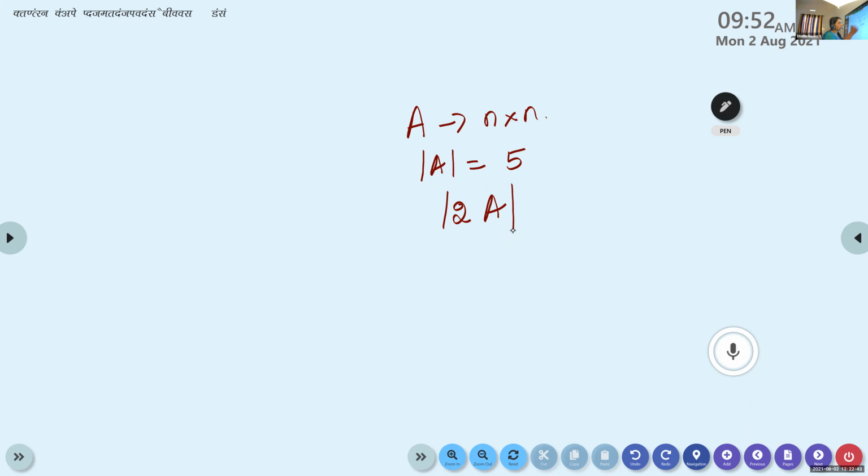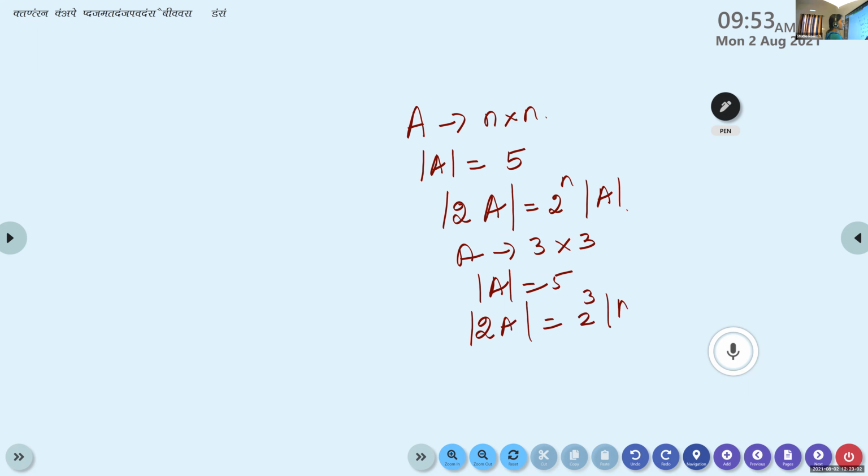How many rows are there? N rows. So we can write this as 2 raised to n into determinant A, isn't it? So suppose A is a 3 by 3 matrix and determinant A is 5. Therefore, determinant of 2A is 2 cube into determinant A. So it is 8 into 5, which is 40.